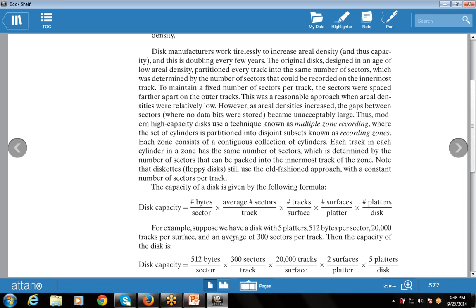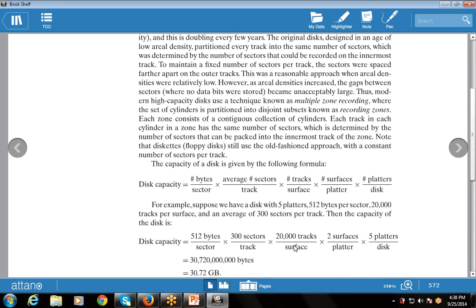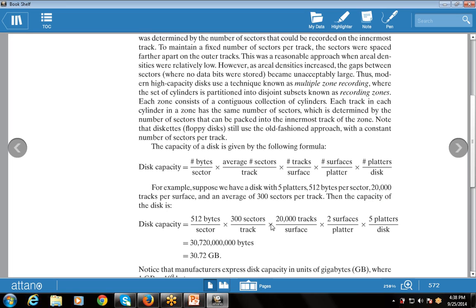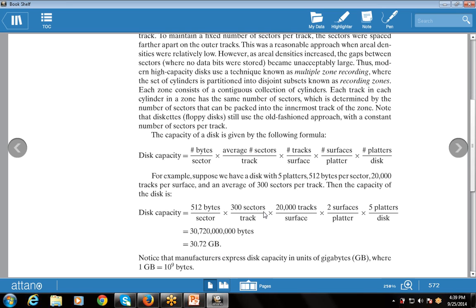We have a disk with 5 platters, 20,000 tracks per surface, 2 surfaces, then 5 platters. If I multiply all these, this is 30,720,000,000 bytes, that is equal to 30.72 gigabytes. This is the formula: number of bytes, average number of sectors, number of tracks, number of surfaces, number of platters.